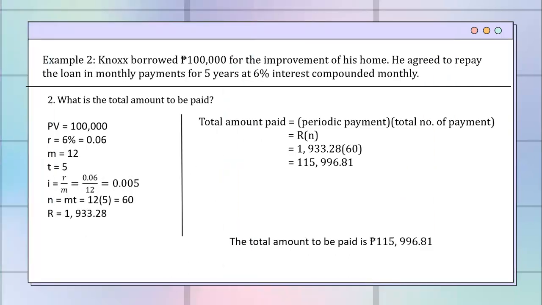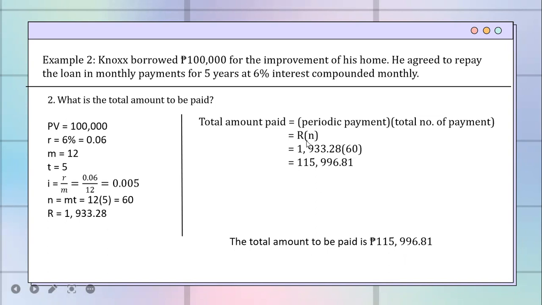So now we will be solving for our second problem, which is what is the total amount to be paid? So let's just copy our terms here from the previous problem. But now we will be adding R, which is the periodic payment, which we solved earlier, that is 1,933.28. So in solving this, we will be using the formula periodic payment times total number of payments.